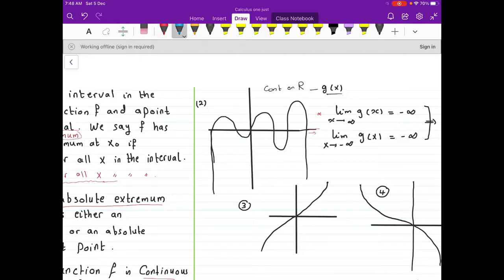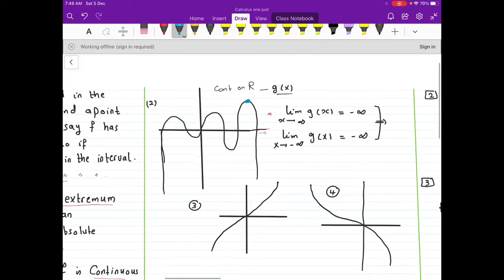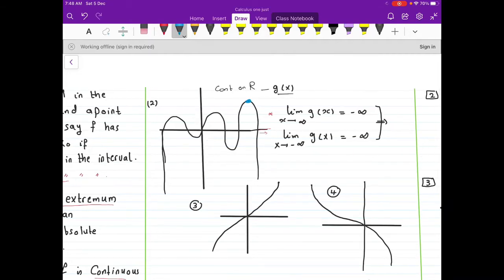In this case, the function has an absolute max. Notice on the graph, if the behavior of the function at infinity and minus infinity goes to minus infinity, then the function has an absolute max. And surely this absolute max occurs at the critical point.